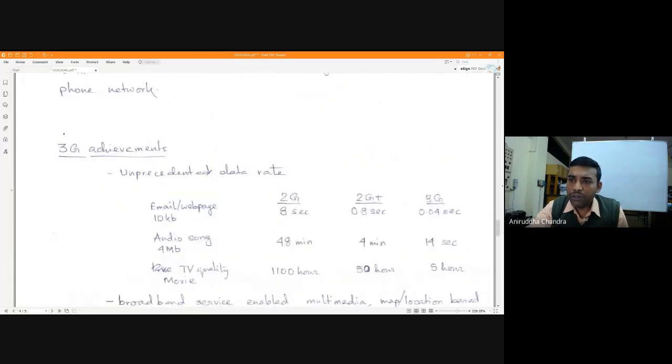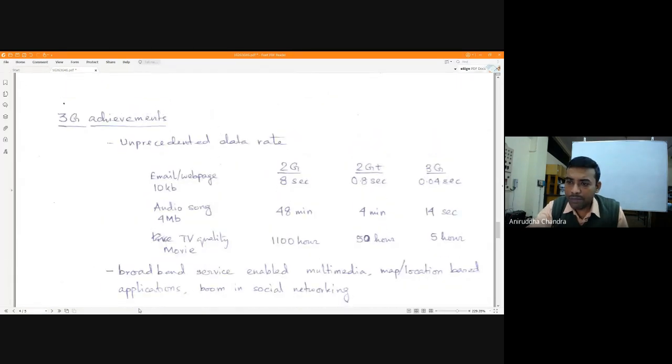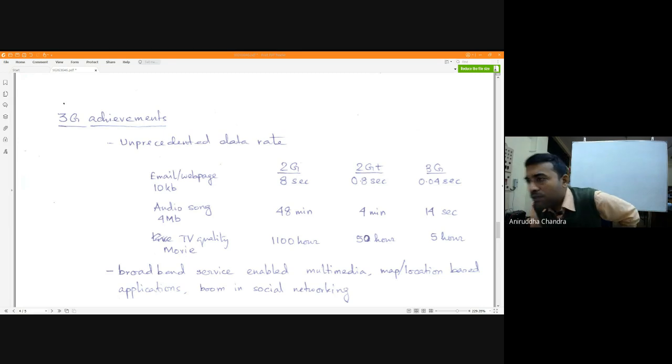And if you want to look at the 3G achievements, we can show this table to you. So this is like a comparison of what data rate can do for your case. Well, if you suppose want to do some basic applications like email or a basic web page, which does not have any forms or any advanced graphics, only text, you want to browse that, then 2G will take around 8 seconds, which is reduced to 0.04 seconds for 3G, and 2G plus it was 0.8 seconds.